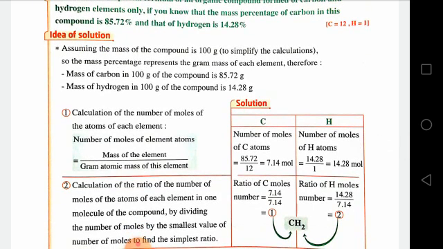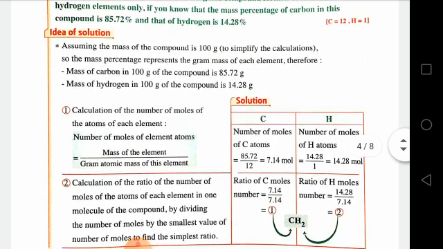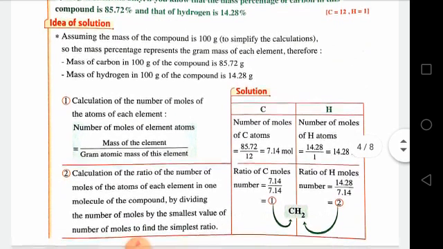The number of moles of an element equals the mass of this element divided by the gram atomic mass of this element. For the mass of the element, we will consider the percentage of each element as its mass. So we put it in the numerator. The gram atomic mass, which is given between brackets with a red line, will be in the denominator. The result of this division is the number of moles of each of carbon and hydrogen.